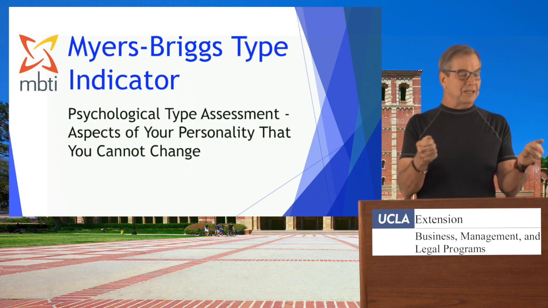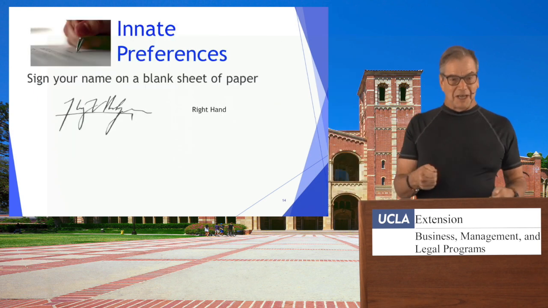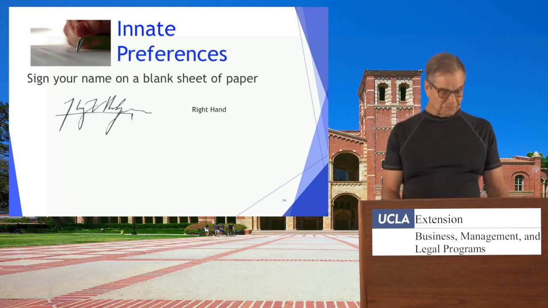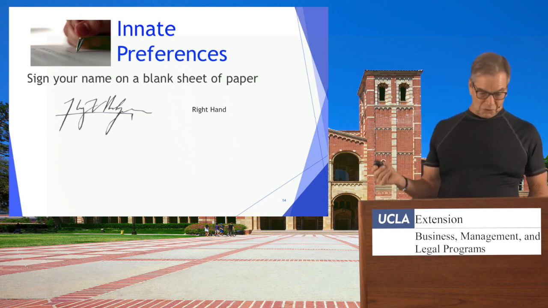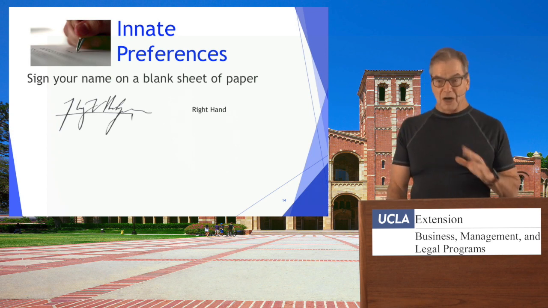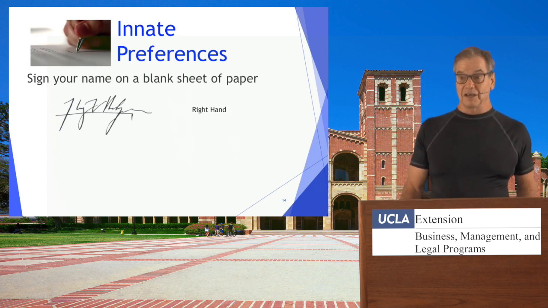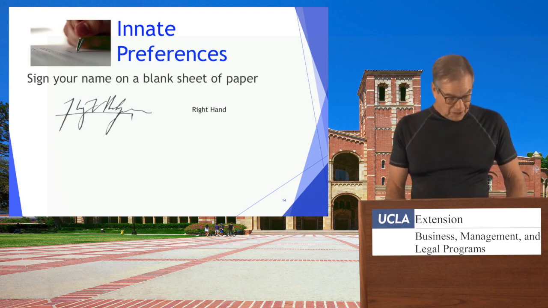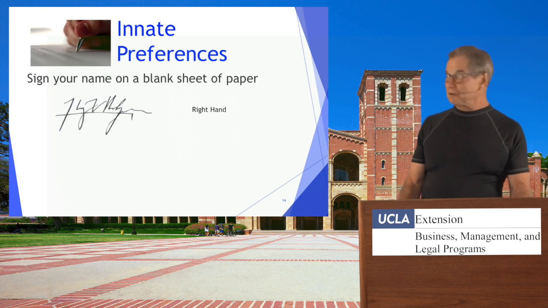So if you could find and take out a piece of paper and a pen or a pencil, and then we want you to sign your name on that piece of paper. You can pause the video right now if you like to find the paper and pencil, and if it's there, just sign your name. And that's what I've done here.